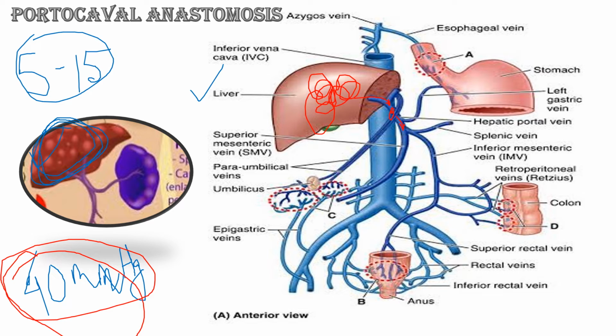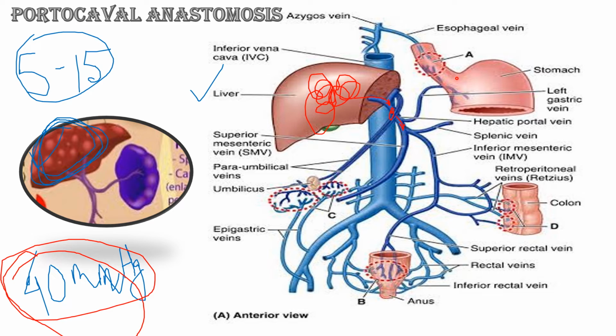One among them is the lower end of the esophagus, like A. As the red pointer is moving, you can see this part, which is the A part, showing the lower end of the esophagus. It is also one of the important communications of the esophageal vein. We have discussed the anastomosis previously when we were discussing the tributaries of the portal vein.